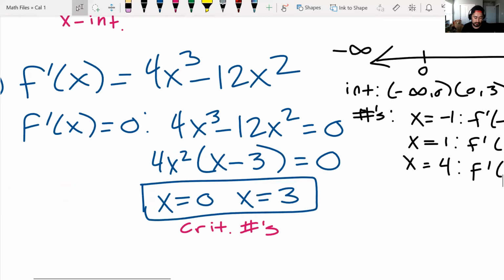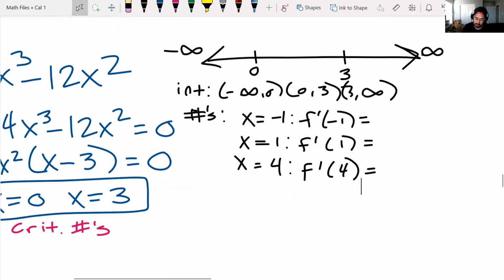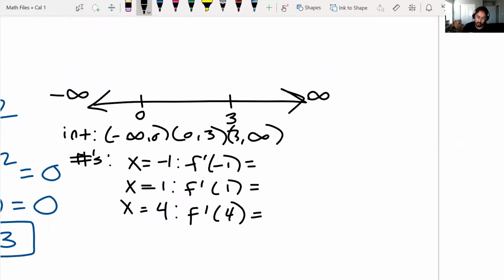Now let's go to my derivative. Use my table trick for the test numbers, 4x cubed minus 12x squared. And remember, I really don't care about the number. I only care about the sign. So -1 gives me -16. 1 gives me -8. 4 gives me 64. Hey, look at that.